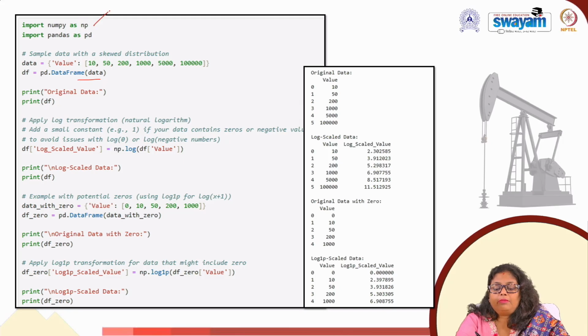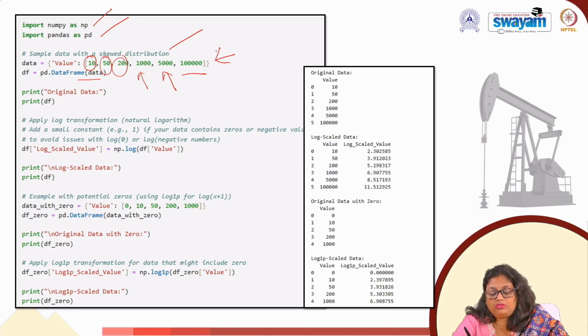Import numpy as np, then import pandas as pd, then we have taken sample data with a skewed distribution. You can see here we have data for 10, 50, 200, then the other records are even a lakh, 5,000, 1,000. So you can see it is not normally distributed. It is the scenario of a skewed data distribution.